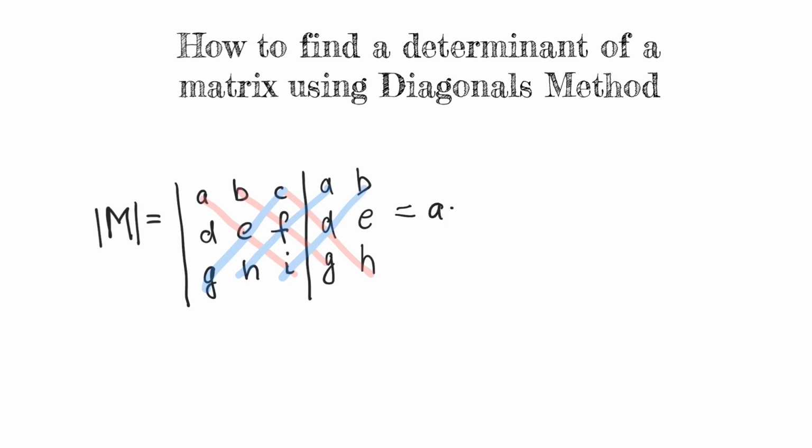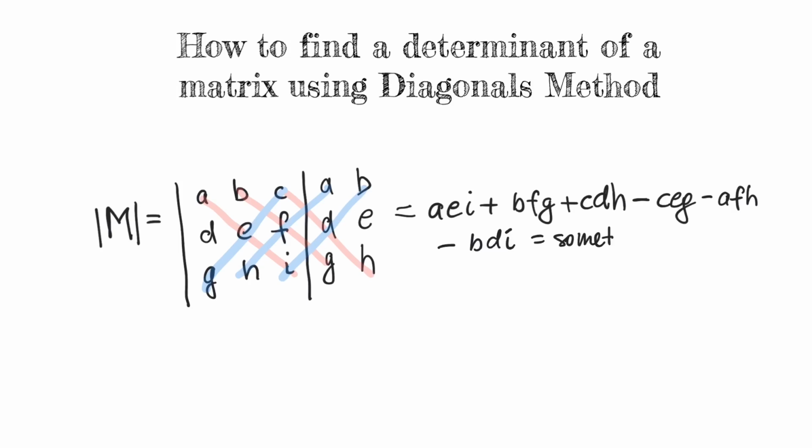It's going to be AEI plus BFG plus CDH, and now we subtract our negative terms, minus CEG minus AFH and minus BDI. And that gives us the determinant of matrix M.